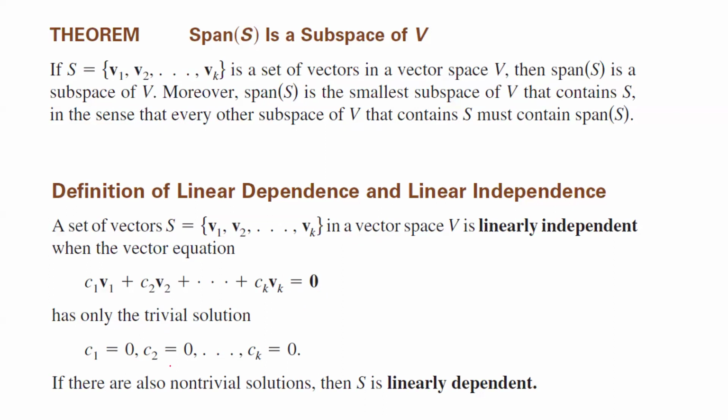The C values, the C sub i's, must all be equal to 0. Otherwise, we say that they are linearly dependent. So linearly independent if all of these C's become 0. Linearly dependent means that you might end up with at least one non-zero value. Perfect.